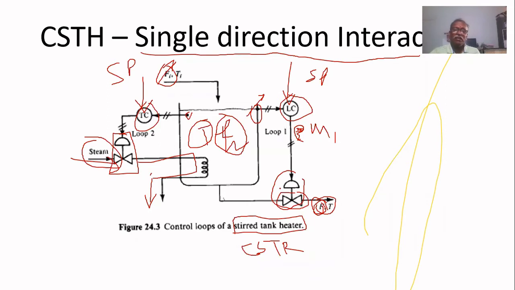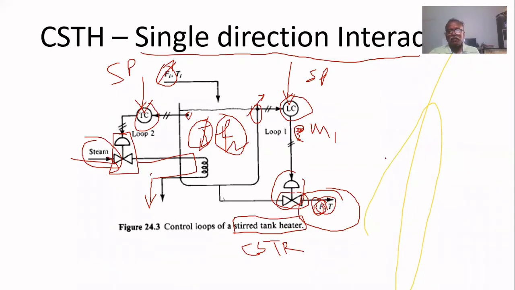There are two meanings. One is that the mass flow rate increases to adjust the level. At the same time, it takes away some heat also. Because it takes away some heat, the temperature inside will fall.